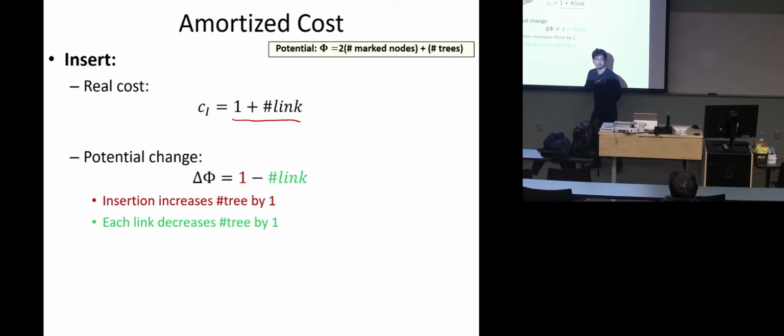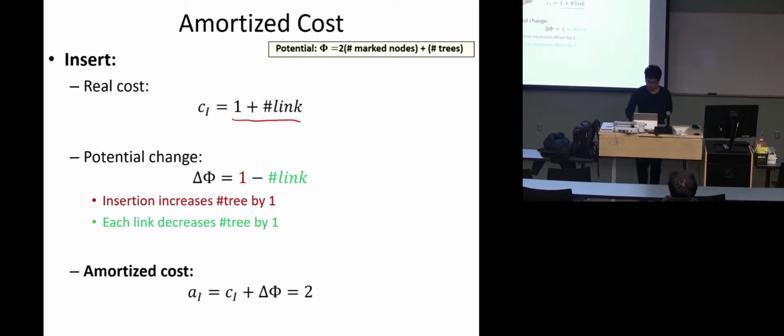But every time you link, you decrease the number of trees, so the potential decreases in proportion to the number of links. If you look at the amortized cost for insertion, which is the real cost plus the potential change, then this thing cancels. So the amortized cost is just 2.